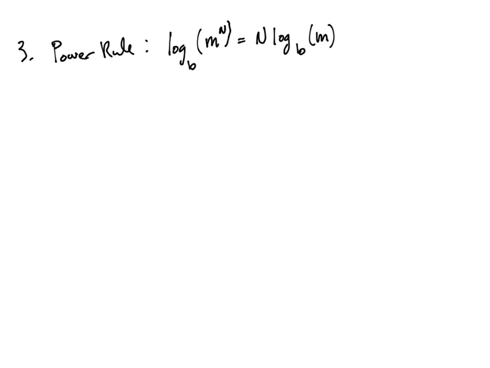The third rule is the power rule. If we have log base b of m raised to the n power, that n, the exponent, can get rewritten as a coefficient, and we're going to multiply there. As an example, if we want to expand ln of x cubed over y, first I'm going to rewrite this using the quotient rule.